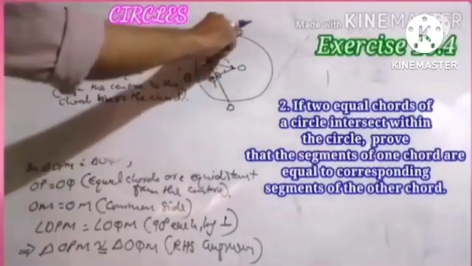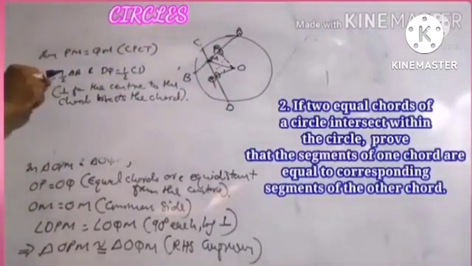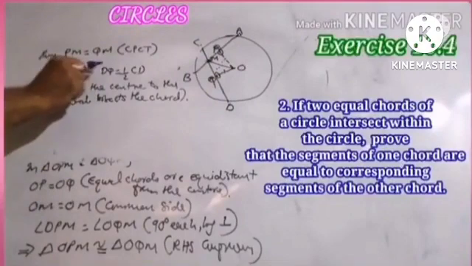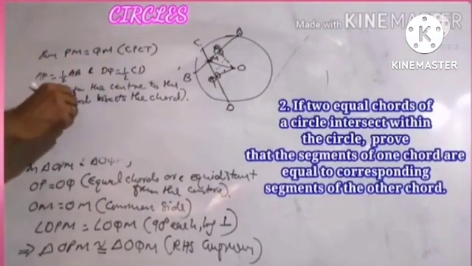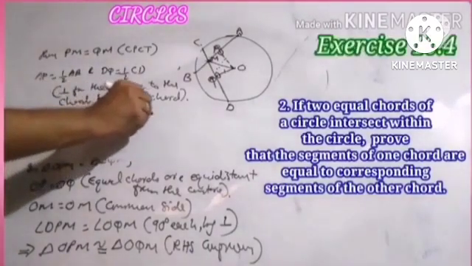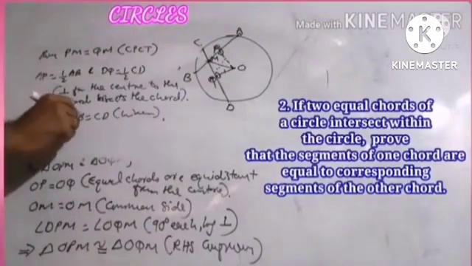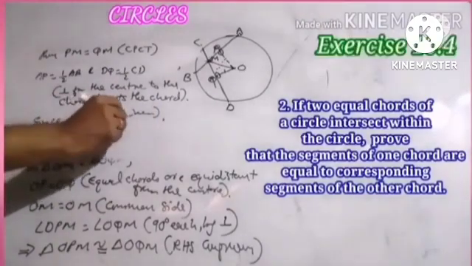So AP becomes half AB and DQ becomes half CD, and AP and DQ are equal because AB and CD are equal. Since AB equal to CD, that is given, which implies half AB equal to half CD. Okay, correct?